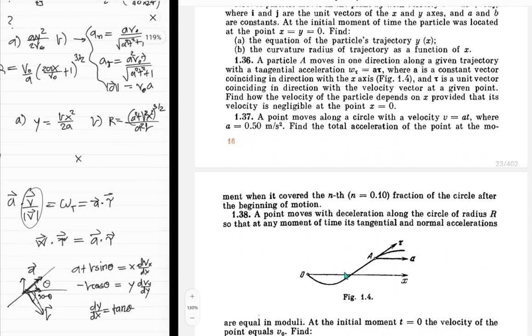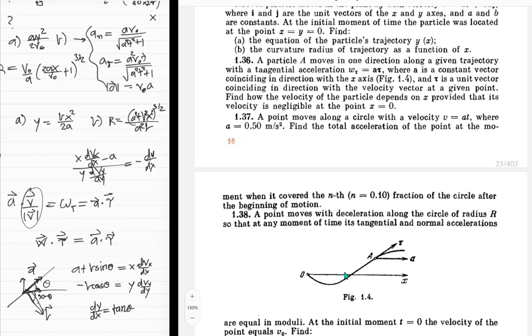So you can say, okay, x dvx upon dx minus a upon y dvy upon dy should be equal to negative tan theta, which is negative dy upon dx. That's one thing that we can do, but how is this even helpful? No, it's not helpful.